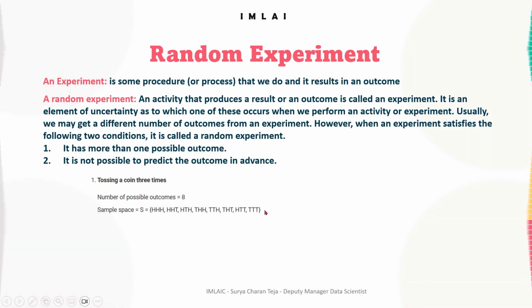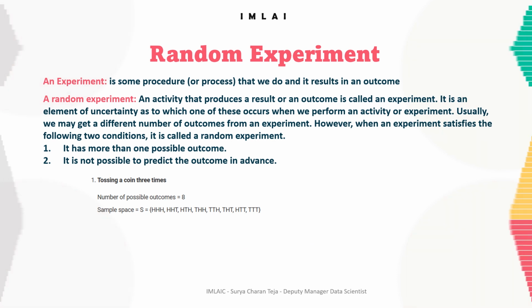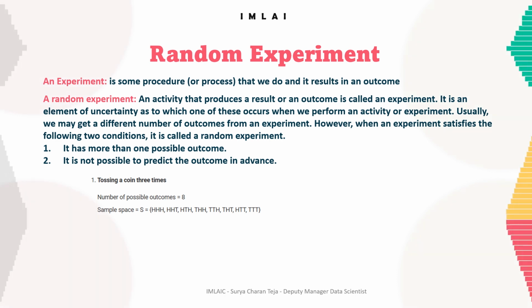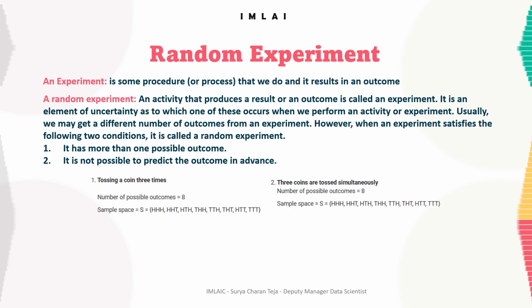This is the permutation with repetition, and the sample space is S equals HHH, HHT, HTH, HTT, THH, THT, TTH, TTT. That's the sample space when you toss a coin 3 times. Then if three coins are tossed simultaneously, the same thing happens.